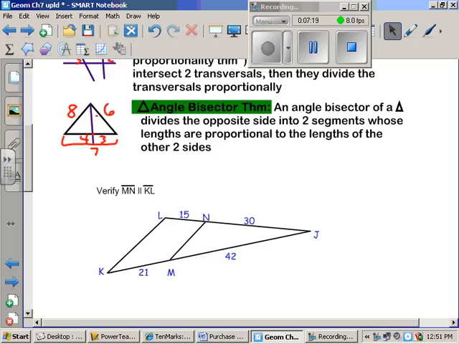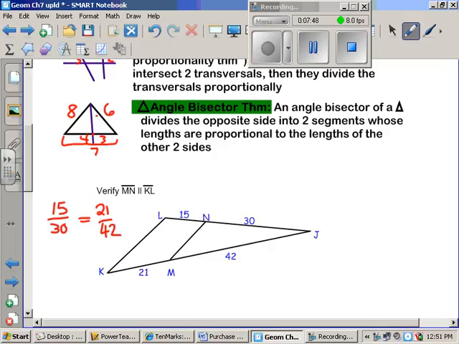So if we want to prove that these 2 are parallel, we want to prove that it's splitting the side proportionally. So in order to prove that MN is parallel to LK, I'm going to prove that the ratio of side LJ, which is 15 to 30, is the same as the ratio of KJ, which is 21 to 42.